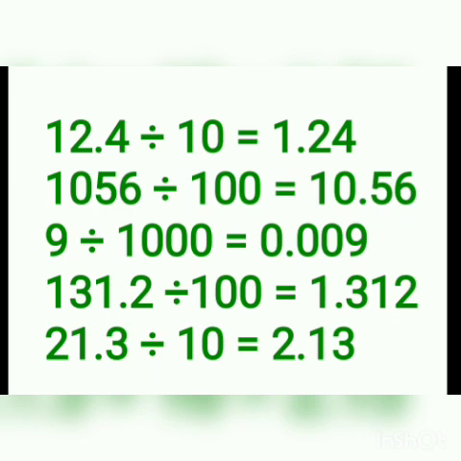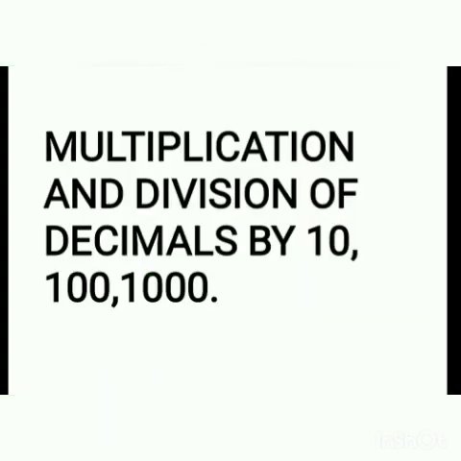So I hope you have understood how to divide and multiply a decimal number by 10, 100 or 1000. Winding up today's class, today we discussed multiplication and division of decimals by 10, 100 and 1000. Practice more questions. There are some extra questions in your textbook. Go through them and make the concept clear.